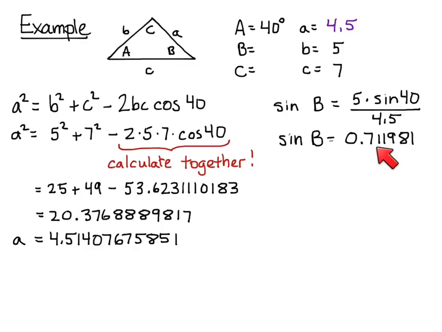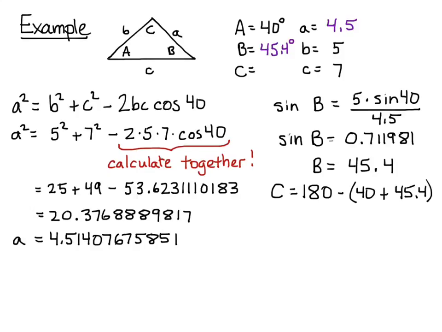If you put that number in there, you'll find out what your angle is, 45.4. And then, now that you know two angles, you can calculate the third one just by expecting the sum to be 180.